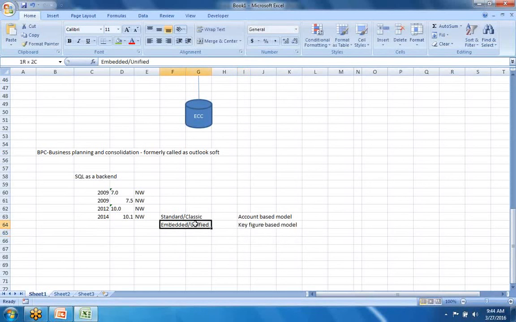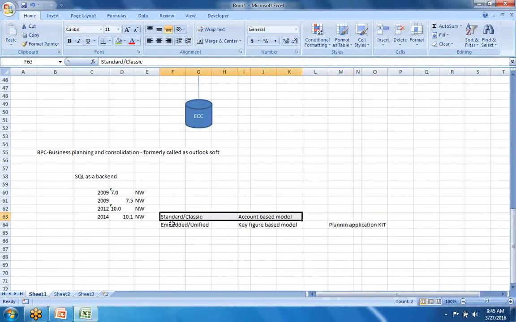And this embedded relies purely on the PAK paradigm. PAK stands for Planning Application Kit, where a lot of planning functions are embedded inside HANA, so that you can run your planning applications and your planning scenarios. This was purely based on the PAK paradigm.